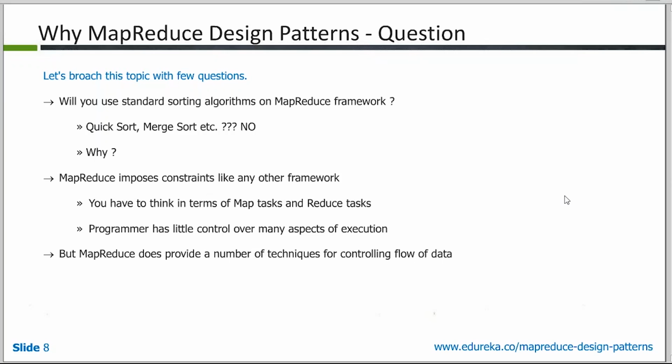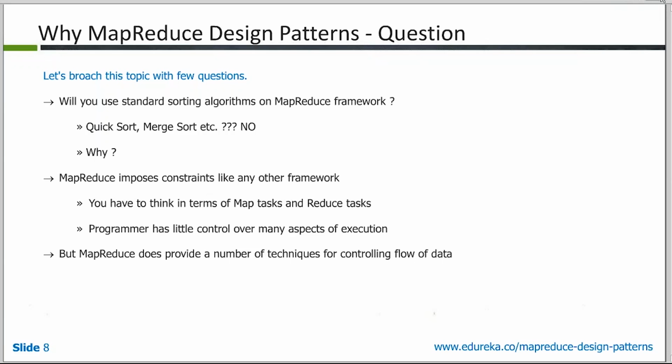Maybe we can try to do some things on this, but you will immediately start hitting roadblocks, and the first one you will find is that MapReduce is not an iterative framework. We can still implement iterative algorithms on this framework, but by default it's not an iterative framework.